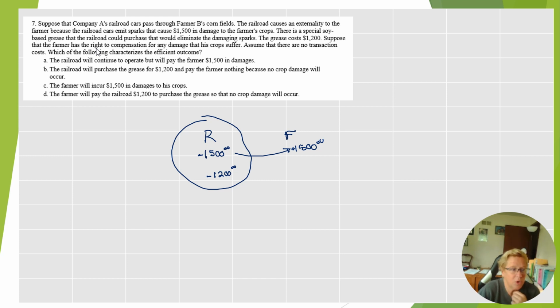The railroad will purchase the grease for $1,200 and pay the farmer nothing because no crop damage will occur. To me, from a railroad standpoint, that is clearly what you want to do. If you're spending money, you want to spend as little as you can, particularly in business. Here, that's going to preclude any compensation going to the farmer because you're not going to have the spark. So I like B so far.